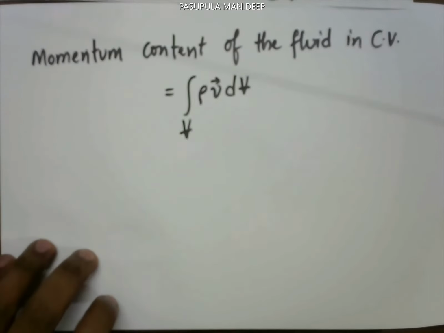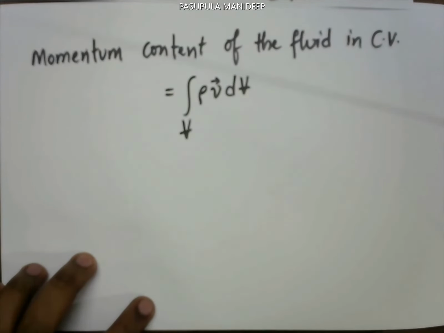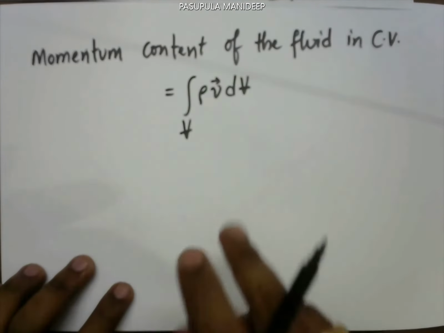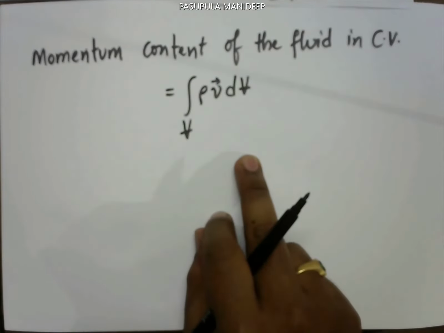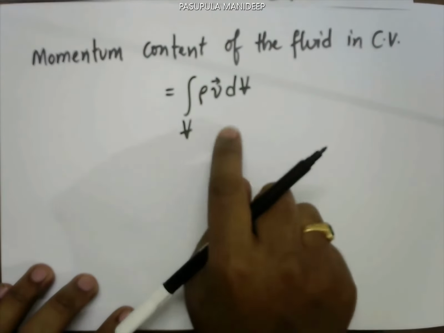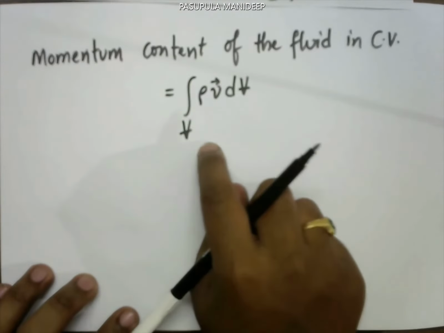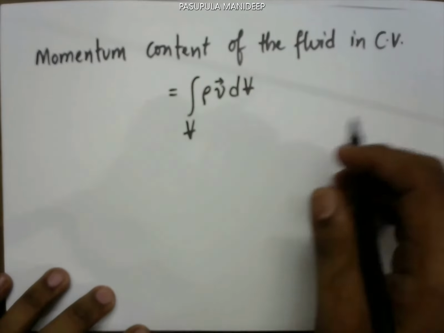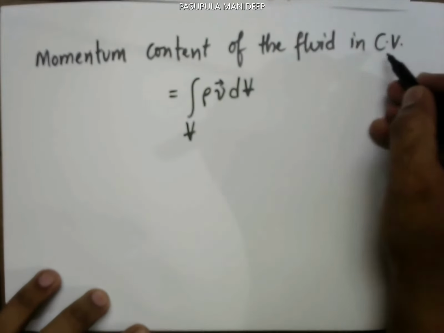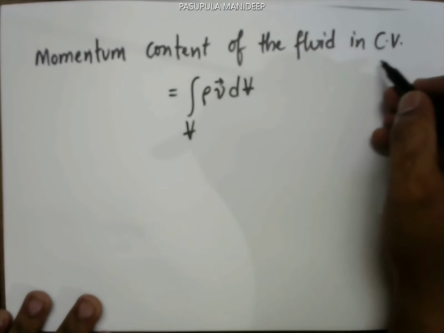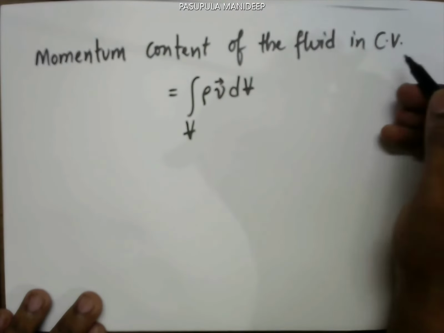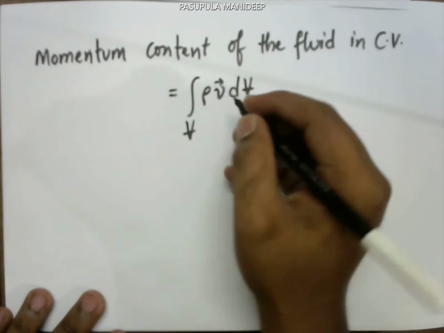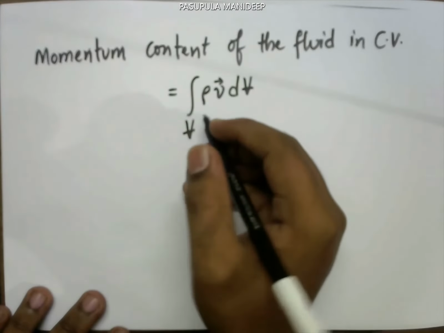Now, if we want the time rate of change of this momentum content of the fluid in the control volume, we can just differentiate this expression with respect to time. We also know that the control volume is fixed in space, so we can take the derivative inside, and that becomes the partial derivative with respect to time.